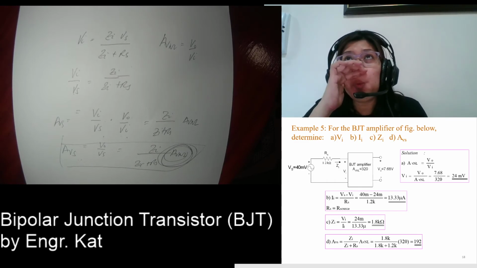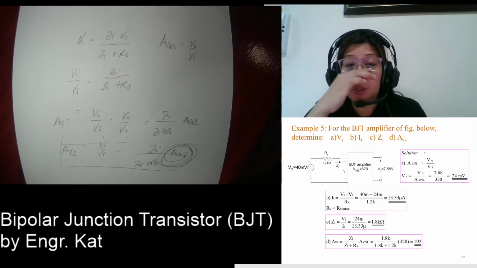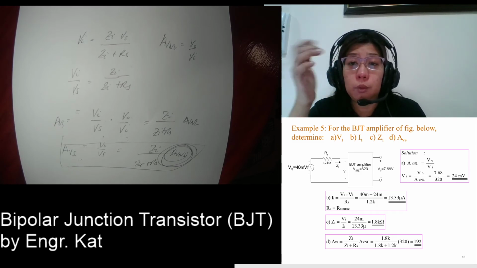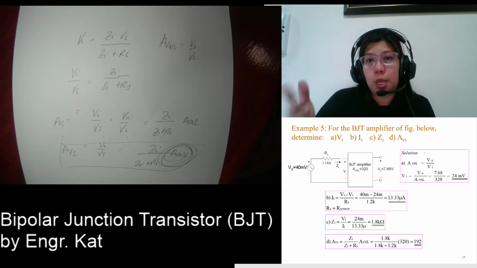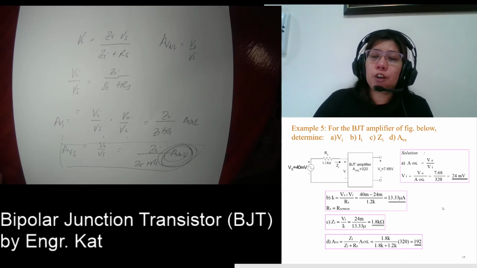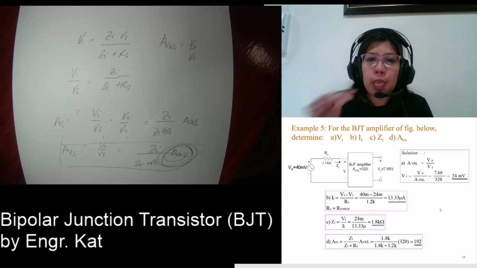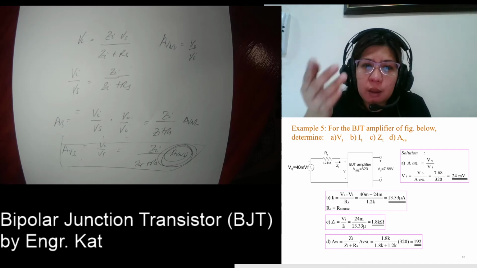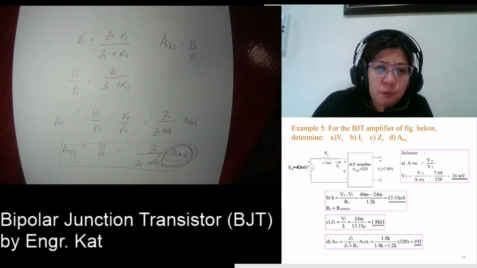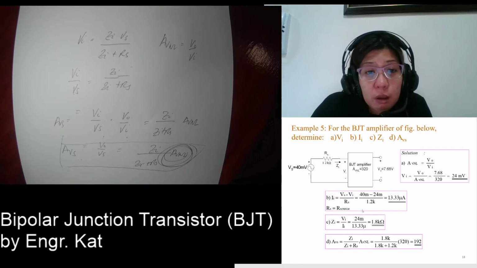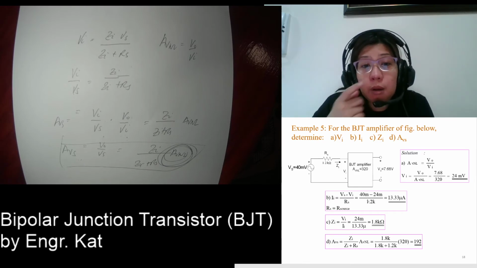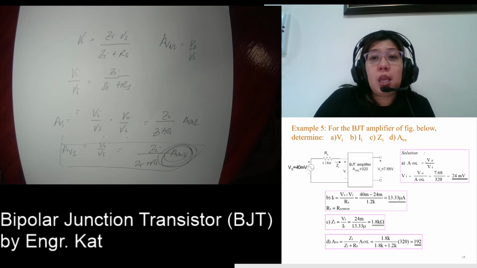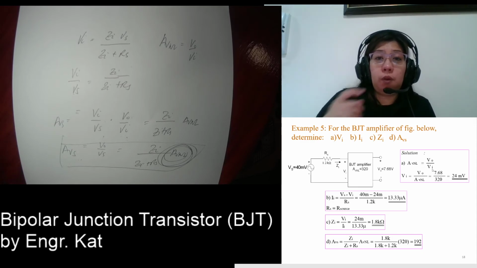The one which has the highest gain is always the no load voltage gain. We will be discussing more of the voltage gain as we go on. For now, just familiarize yourselves with the formula. No new formula, everything was derived. Everything came from the voltage divider configuration, Ohm's law, series circuit. The new thing is just the voltage gain, which is output over input.